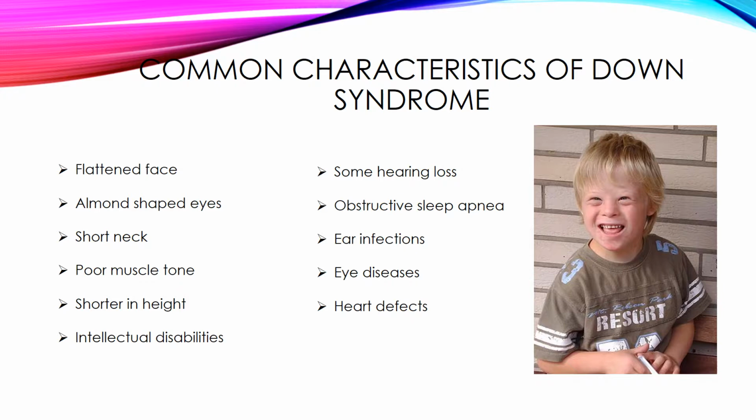Not all of those who have Down syndrome have all of the common characteristics. It just depends on the severity of the condition. Some also experience developmental delays, learning disabilities, speech delays, thyroid diseases, bent little fingers, mouth breathing, and etc. The list goes on and on.